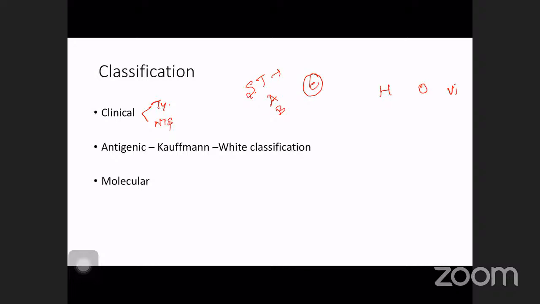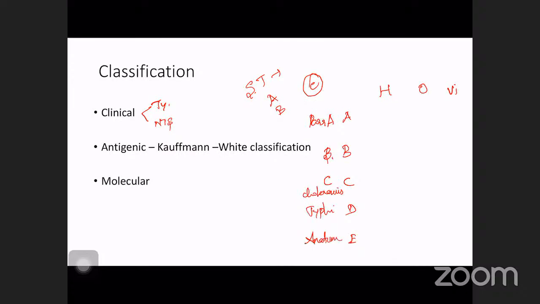According to these antigens, it is further classified into many serogroups: A, B, C, D, and E. The A serogroup consists of Salmonella paratyphi A, B consists of paratyphi B, C consists of paratyphi C and choleraesuis, and D consists of Salmonella typhi, and E consists of the anatum group.